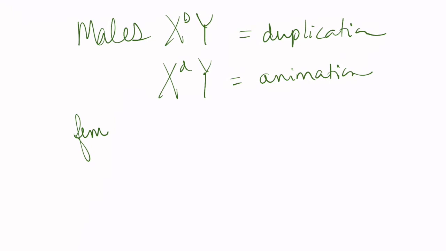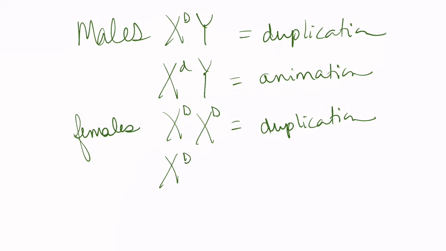Okay, females are XX. So a female can have duplication by having 2 dominant alleles, homozygous. Now remember, each X has to have the allele for this trait if it is X-linked, because women have 2 X's, so she would be able to duplicate.